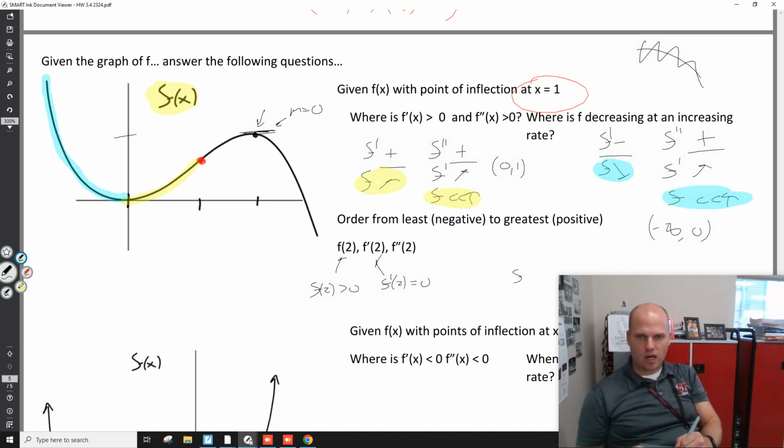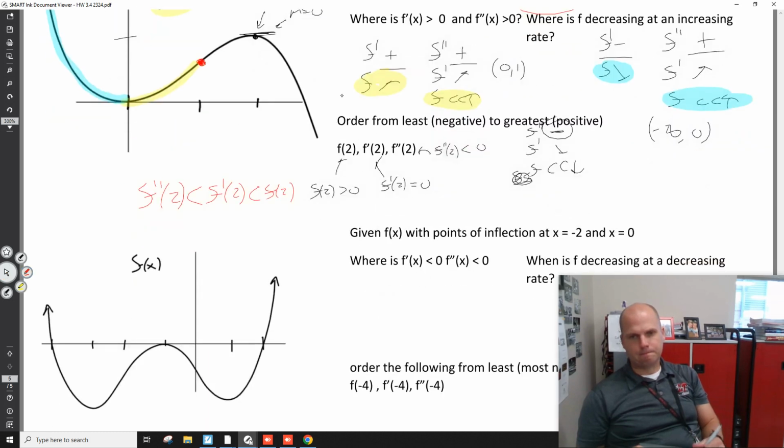If you are concave down, then your derivatives are decreasing, your second derivatives are negative. So if you want to order it from least to greatest, the negative thing is less than the 0, which is less than the function value.